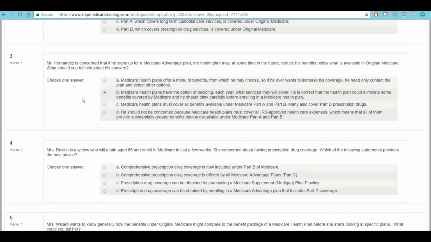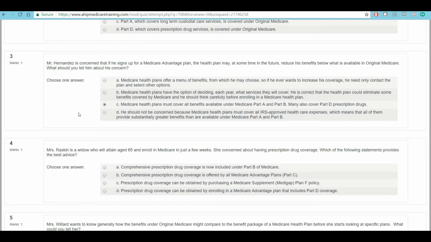C, Medicare health plans must cover all benefits available under Medicare A and B. Many also cover Part D prescription drugs, and that's a possibility. He should not be concerned because Medicare health plans must cover all IRS approved health care expenses, which means that all of them provide substantially greater benefits, and that's a no. So we're between the middle two.